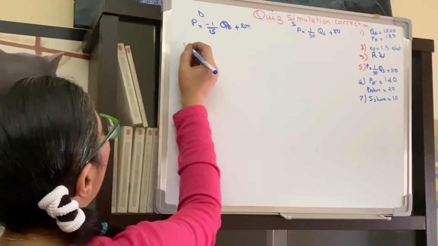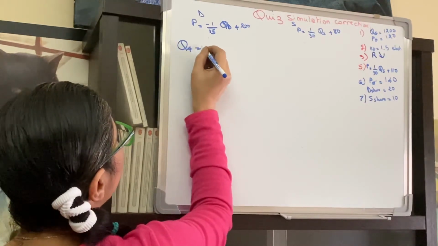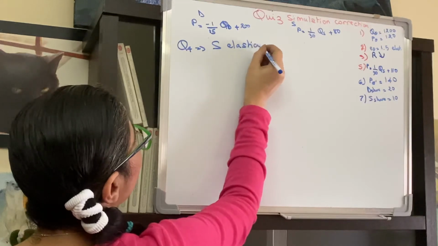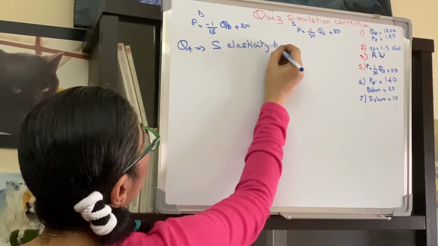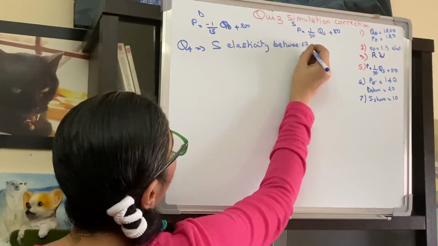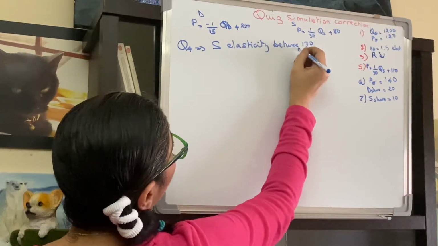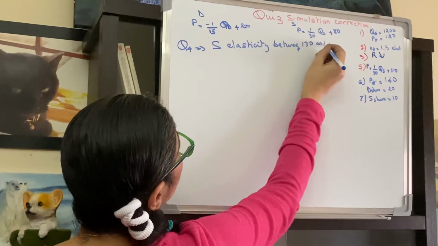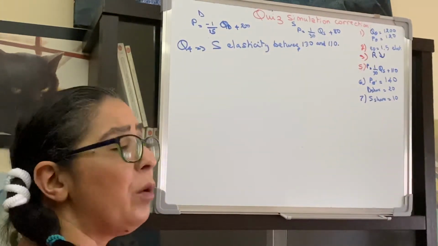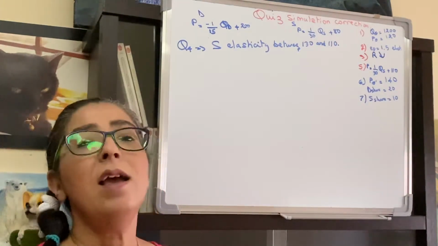So question 4, supply elasticity between 130, price of course, 130 and 110. Okay, what I'm going to do, same thing.